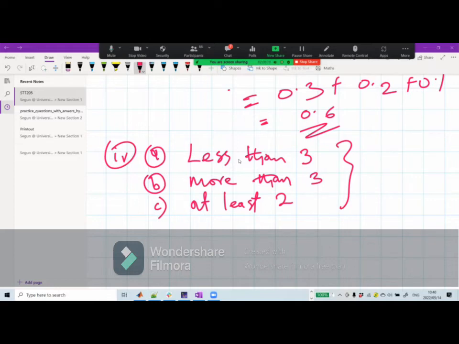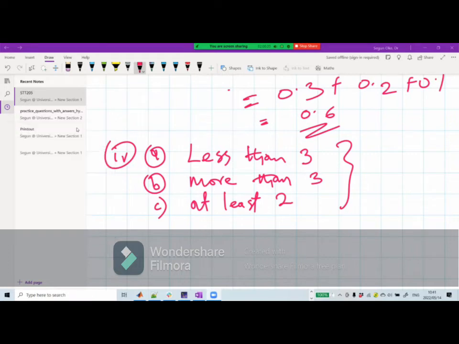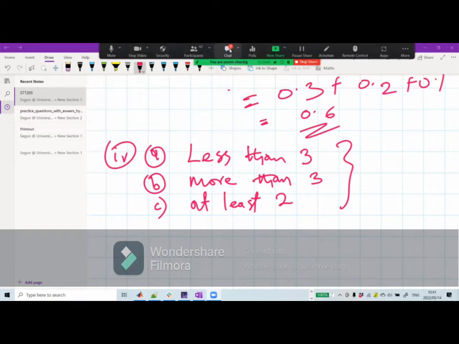So what's the answer for the first one? 0.2. The second one? 0.6.